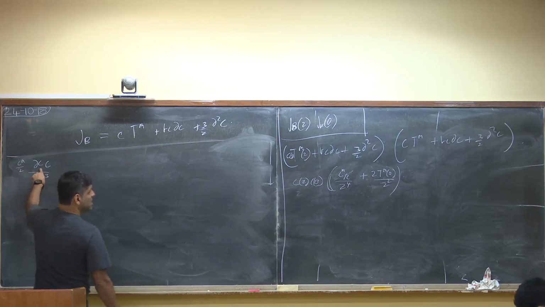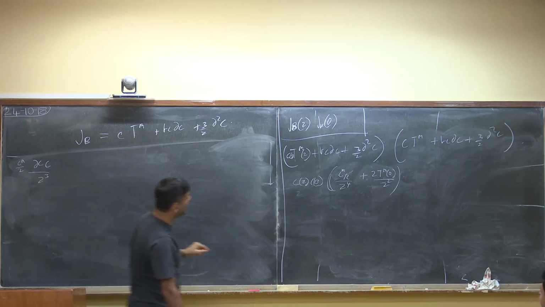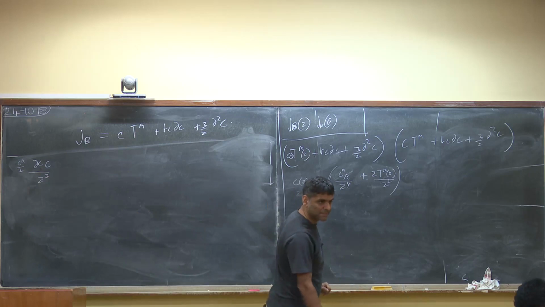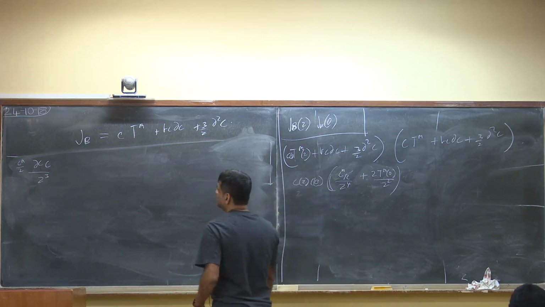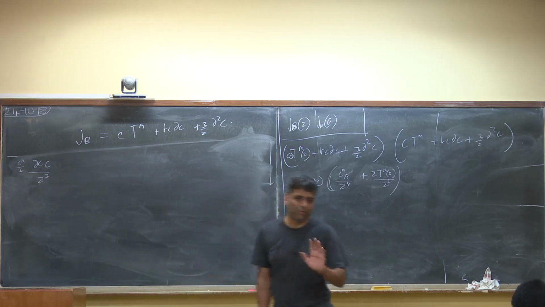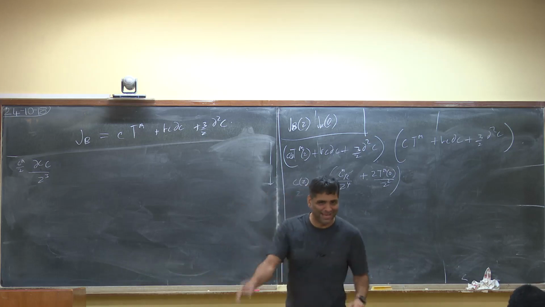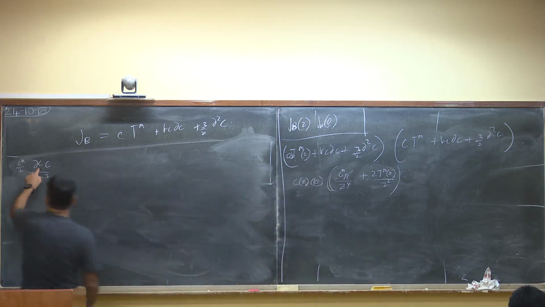But now we have to keep going, because what we're really interested in is the pole. So what I'm going to do is just keep track of the pole. I'll leave it as an exercise for you to calculate it. Here we have to expand this further.